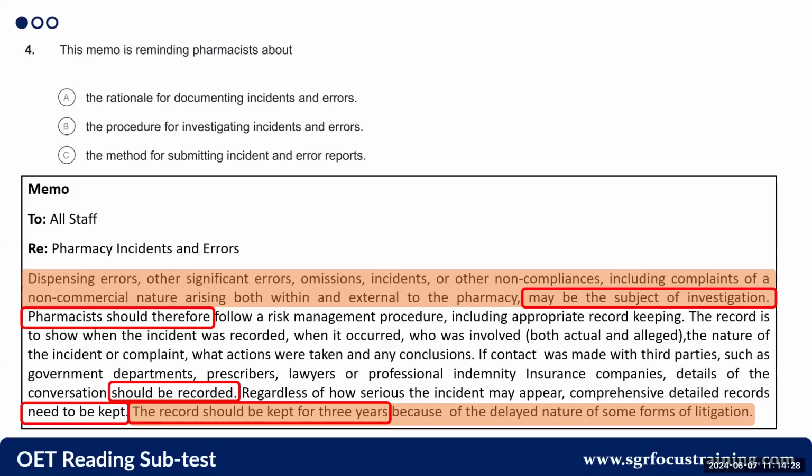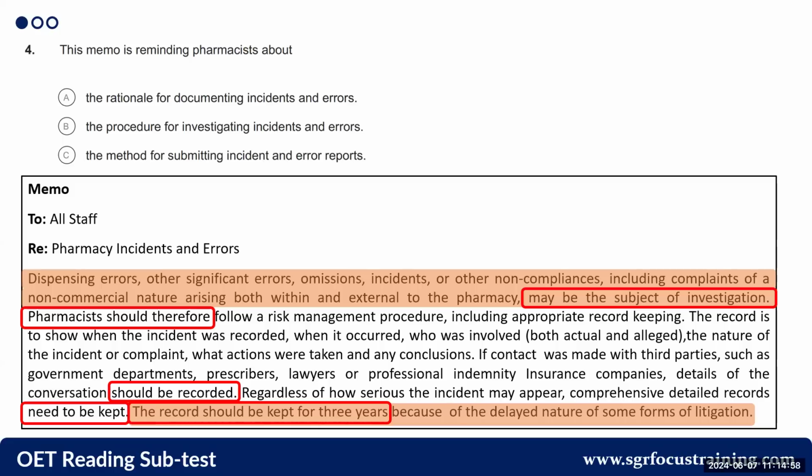Now let's take a look at the last sentences. It says there as well, regardless of how serious the incident may appear, comprehensive detailed records need to be kept. So again, it's a reminder that regardless of how serious this incident is, it is expected that comprehensive detailed records are kept.